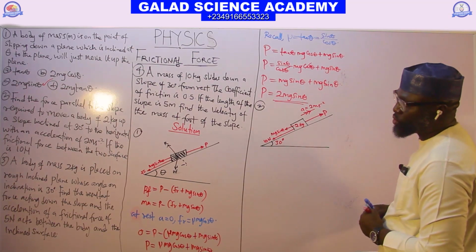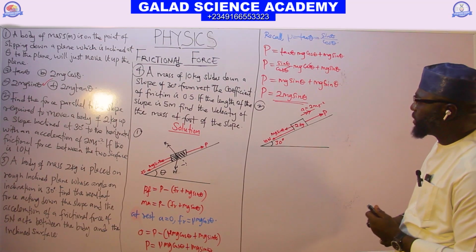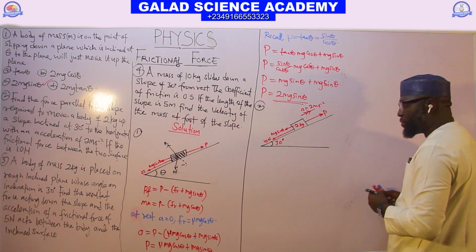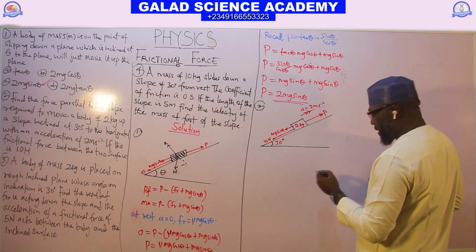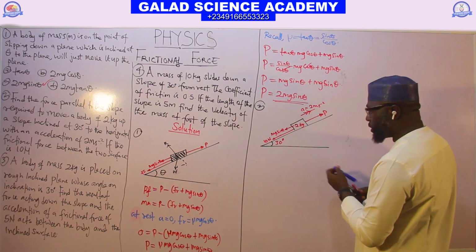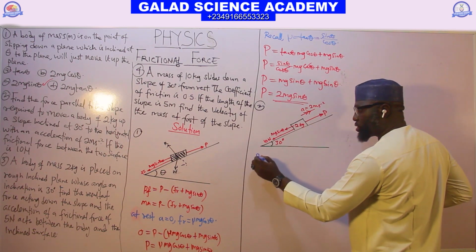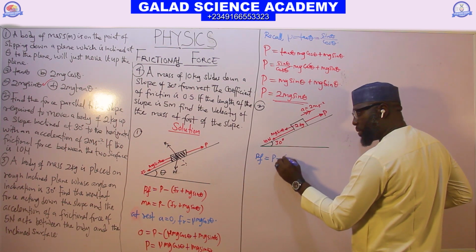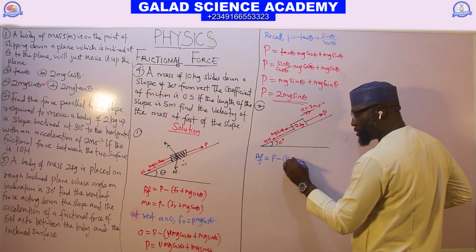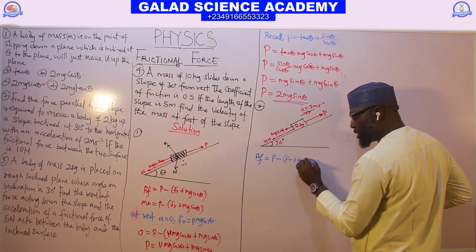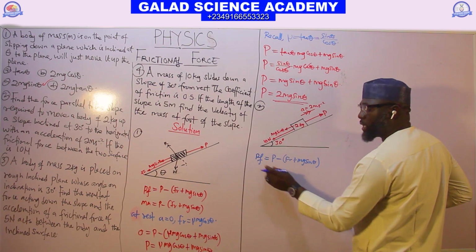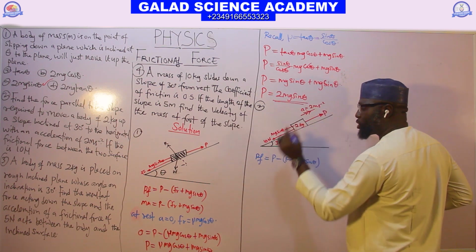You are now asked to solve for P. We apply our regular formula. Resultant force is equal to applied force minus frictional force plus mg sin theta.